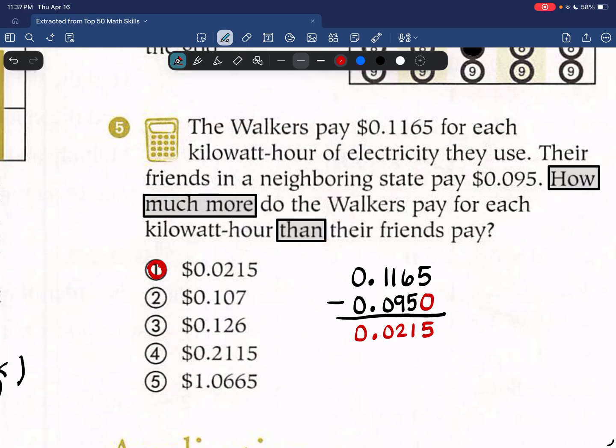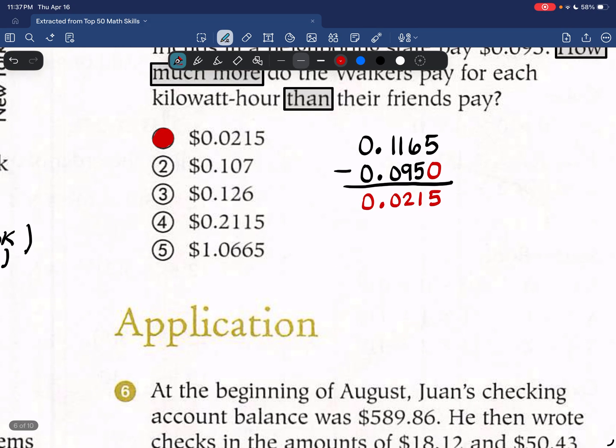I like option 1 here. Be careful though. Look at number 4. It's awfully close. So just be sure you pick the correct one.